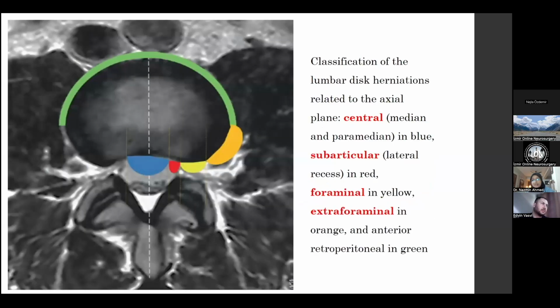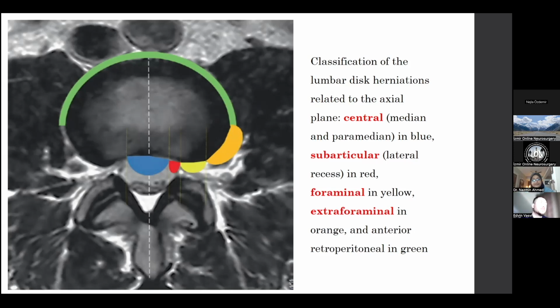Radiologically, considering the position of the herniated disc, it can be classified into four types: central, characterized by blue; subarticular or paracentral, marked as red; foraminal disc herniation, marked as yellow; and extraforaminal, marked as orange.